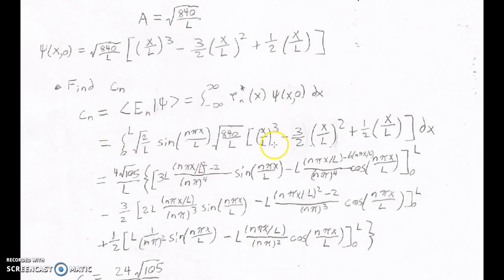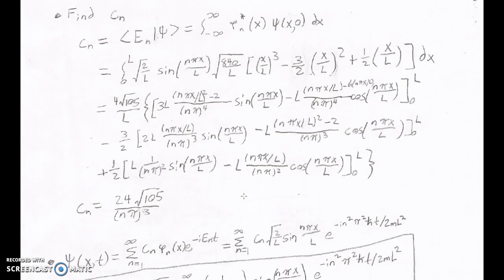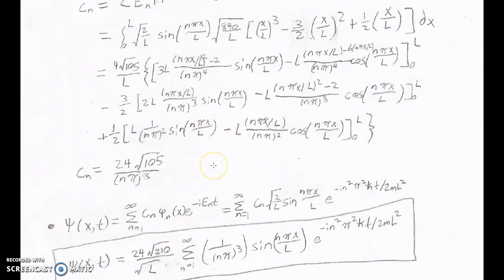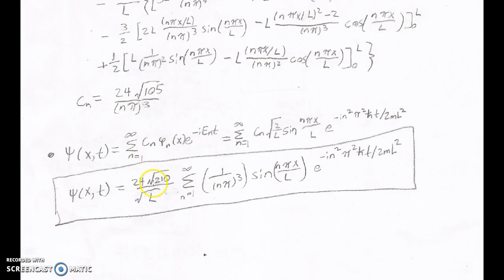You expand this out and you get this nice ugly integral. It's as easy to just plug that into Mathematica and have it solve it. So what we're going to get is c_n equals 24 times the square root of 105 over n pi cubed. And so there's our c_n.